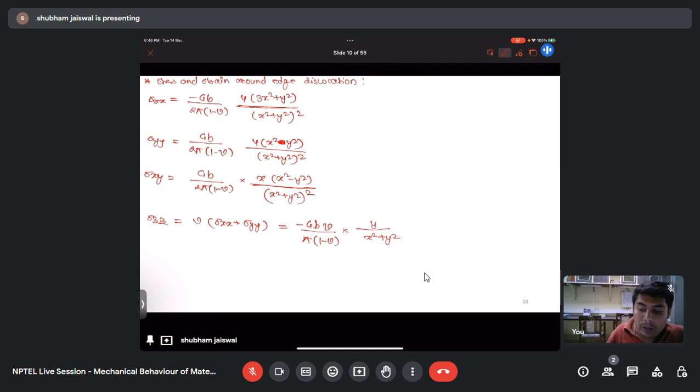So now if I write down the stress tensor and strain tensor, sigma for edge dislocation, that is sigma xx, sigma xy, 0; sigma yx, sigma yy, 0; 0, 0, sigma zz, and the strain tensor for edge is also similar.